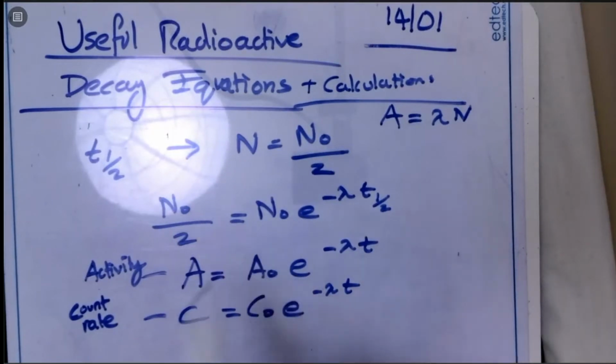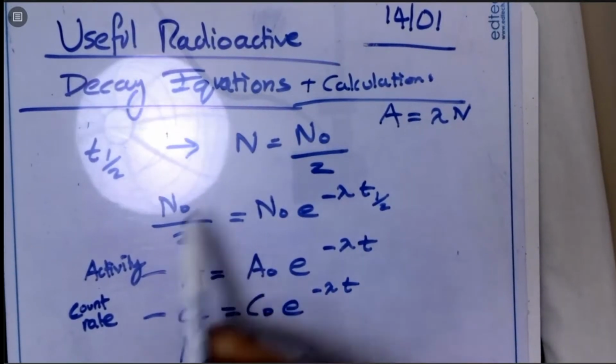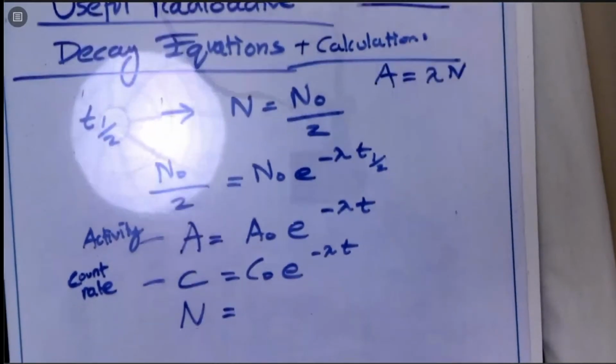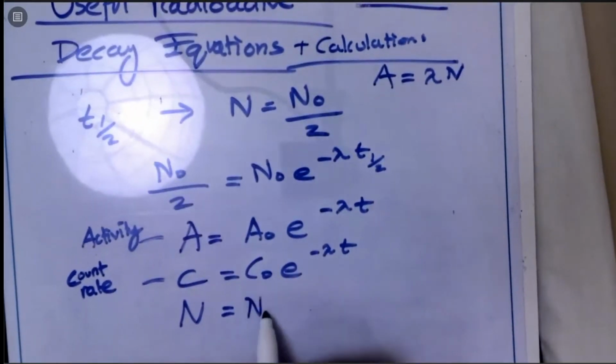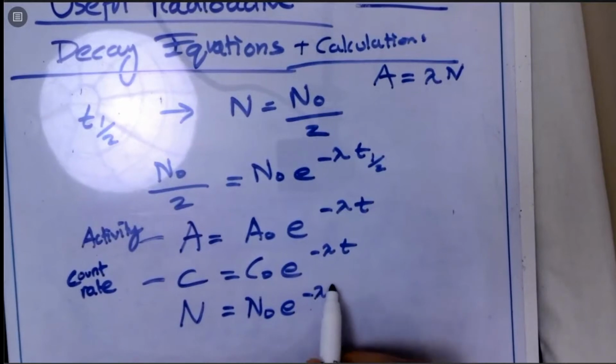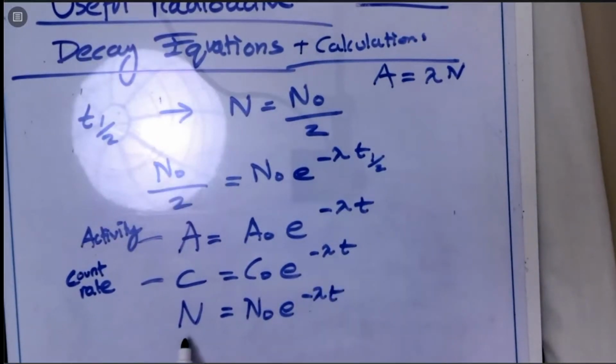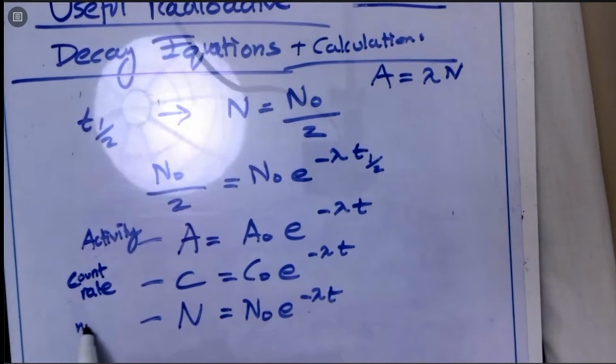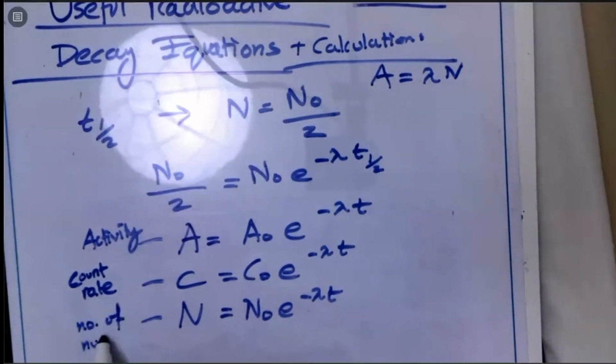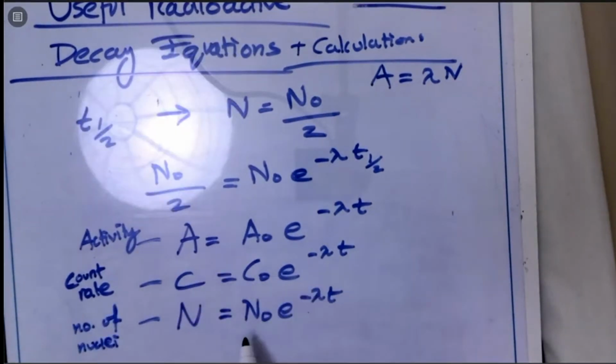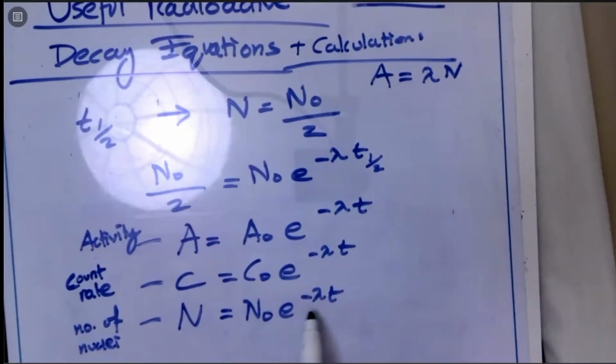But you can also have the top version, where we're just using N's. N is now the number of nuclei. So we have the original nuclei of the sample, and then what's left over after a certain time interval. You can see there's a lot of parallelism or symmetry in these equations.